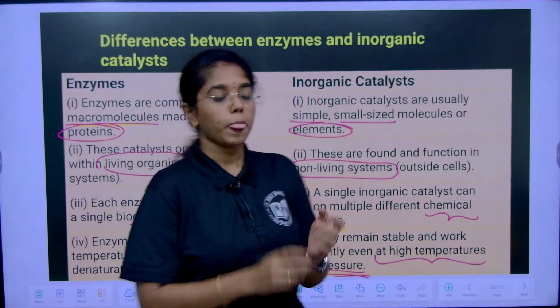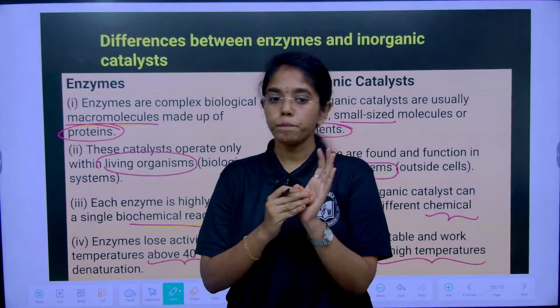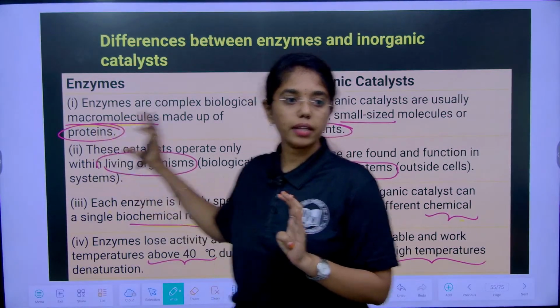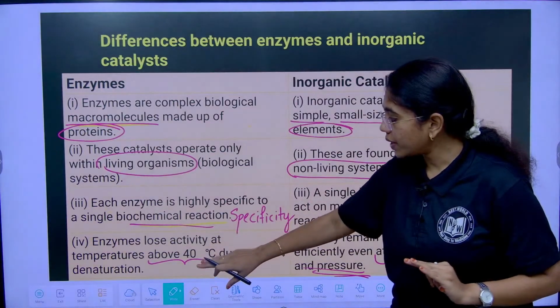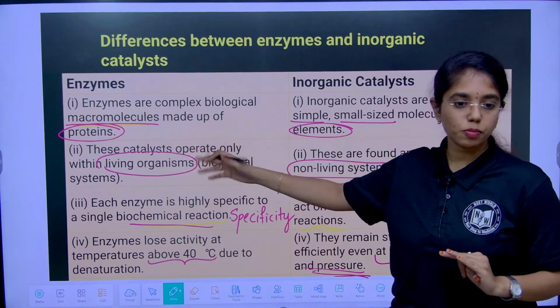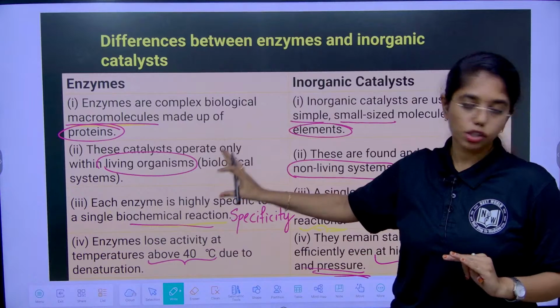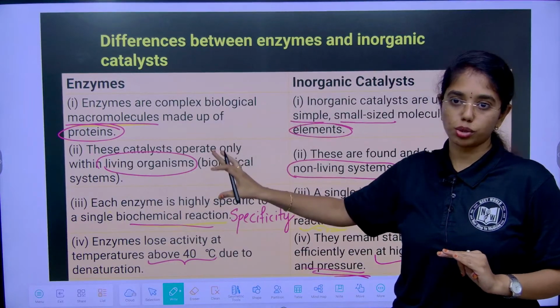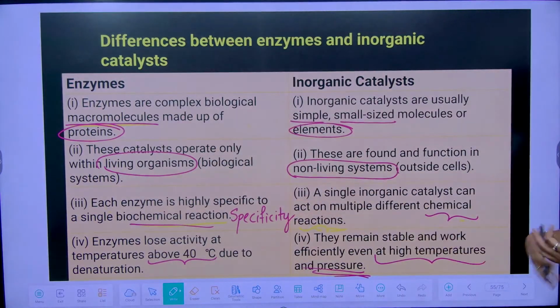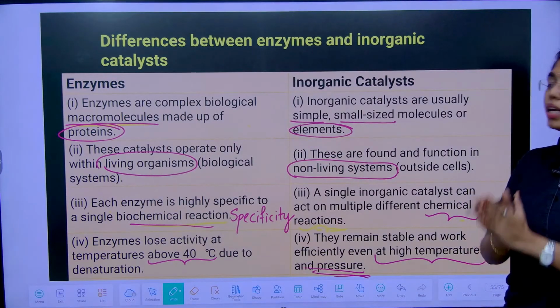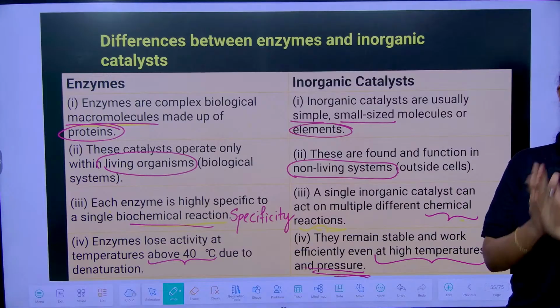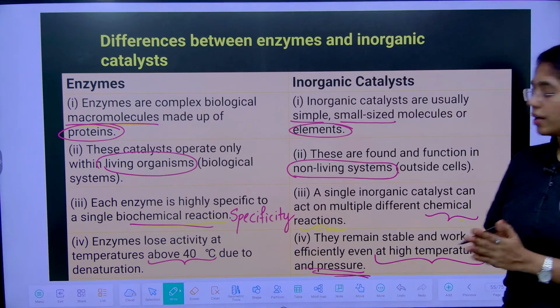So, the basic difference is these are specific, while those can run with different reactions as well. They lose activity at temperatures above 40 degrees, means they have an optimum temperature, not just temperature, pH also. But here it can run even at higher temperatures. These are the basic differences between organic catalyst and inorganic catalyst, right?